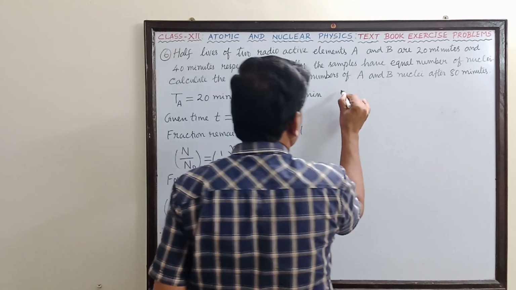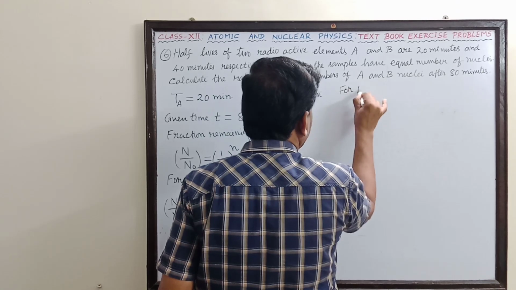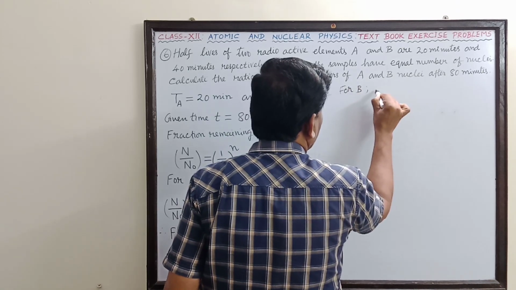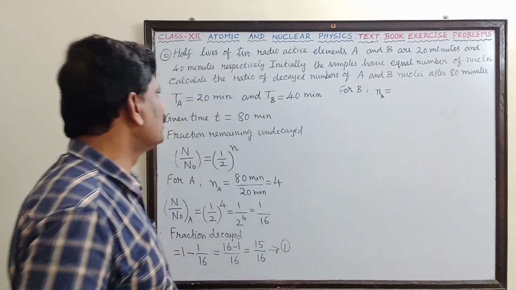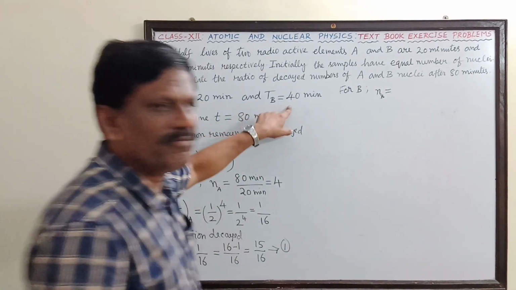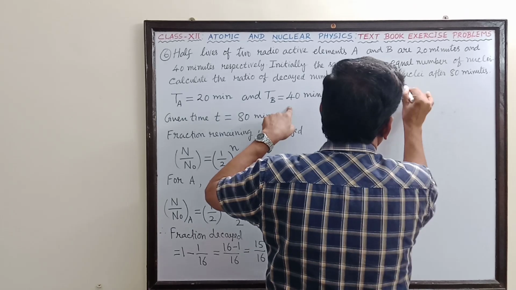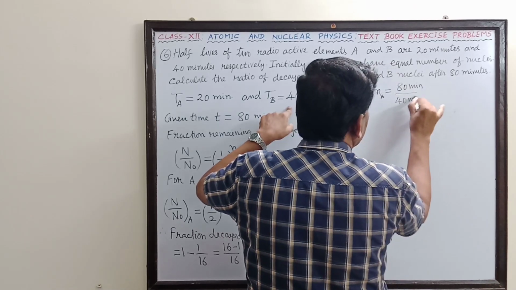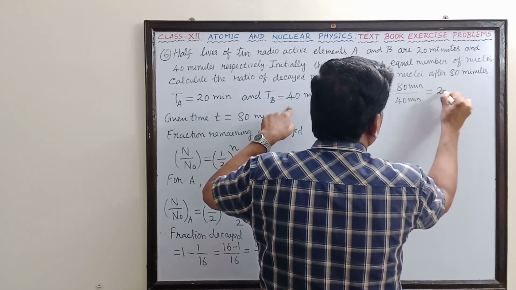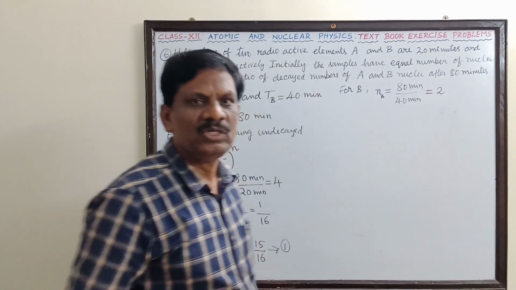Similarly, for B, the number of half-lives nB is equal to 80 divided by 40. So this is equal to 80 minutes divided by 40 minutes, so 8 by 4 is equal to 2. So n is equal to 2.